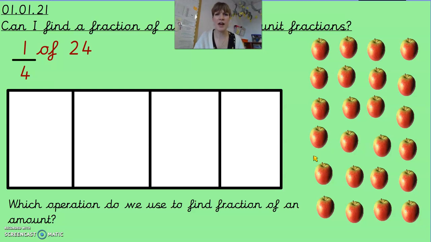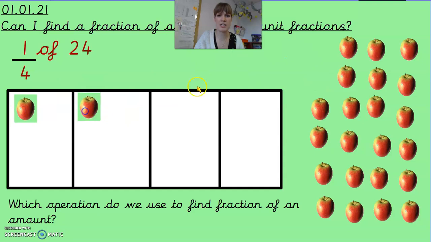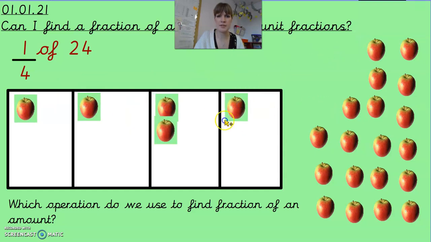I have split my bar model into quarters, into 4 equal pieces, because that's what my denominator says. Now I'm going to divide my 24 apples into each section, so into quarters. I'm just going to do 1 in each box each time, like so. So I'm just sharing them out.